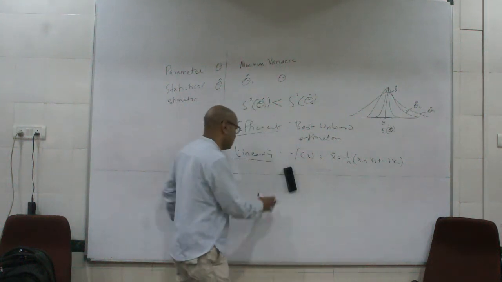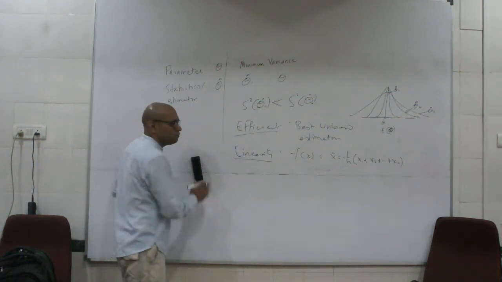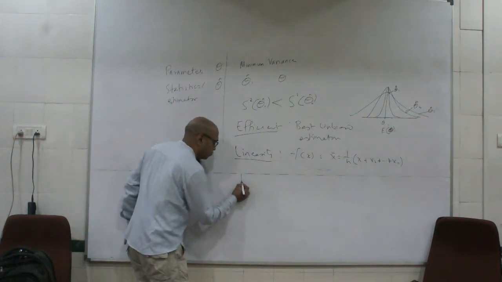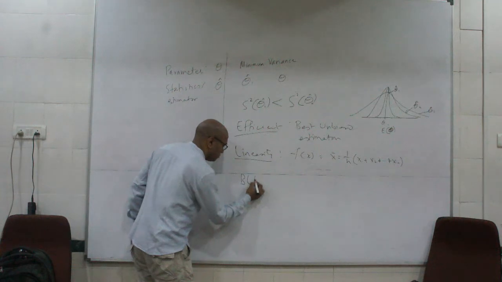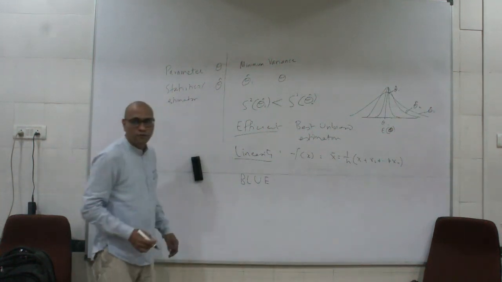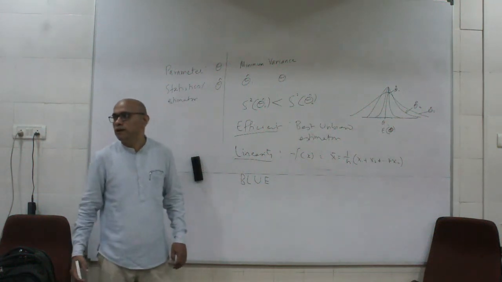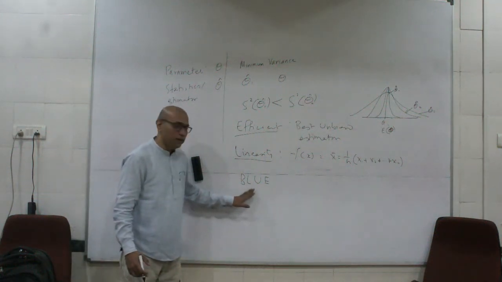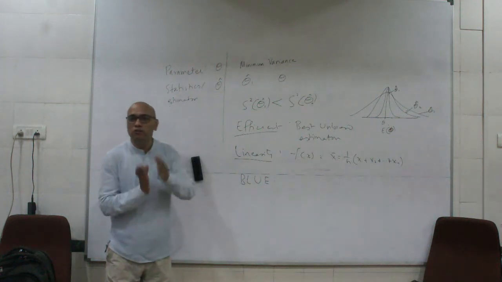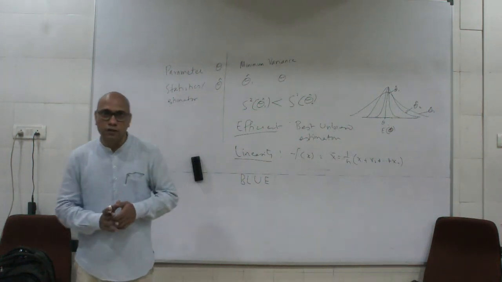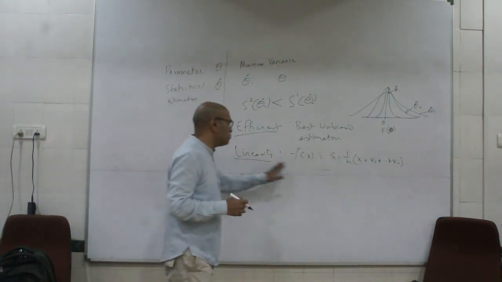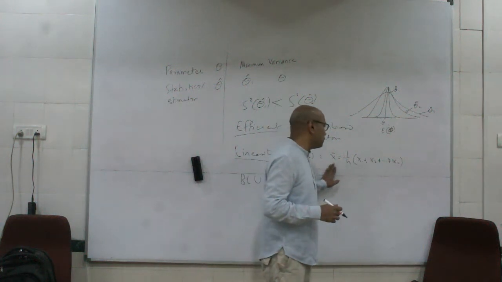Okay. The next property of the estimator is called BLUE. BLUE is the acronym that stands for best linear unbiased estimator. We actually look for BLUE estimators. Yes? So I did not quite understand the linearity. Linearity is when an estimator is a linear function.